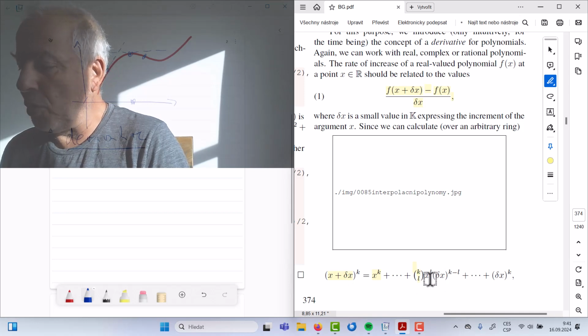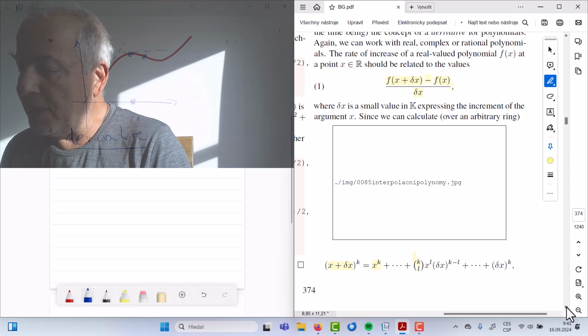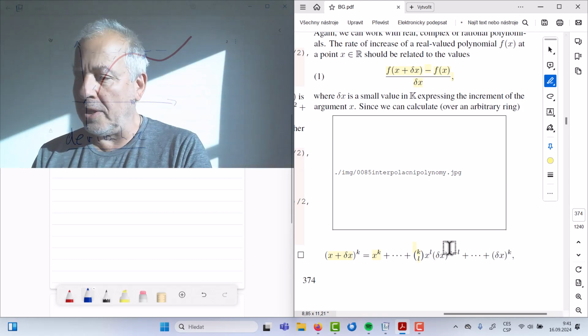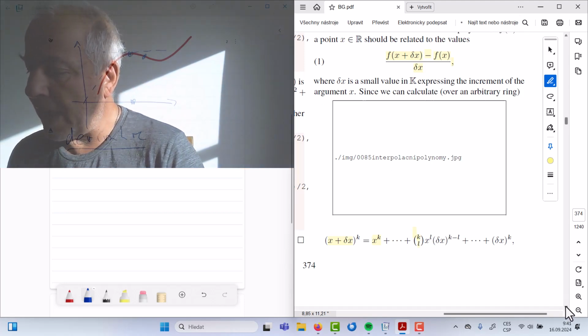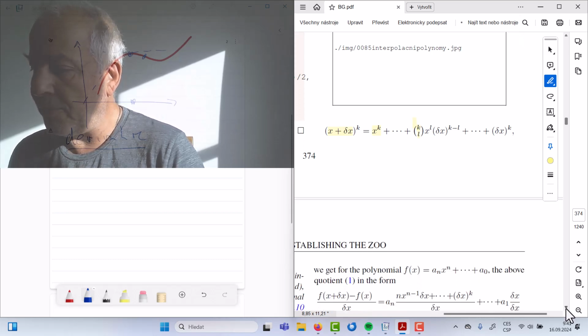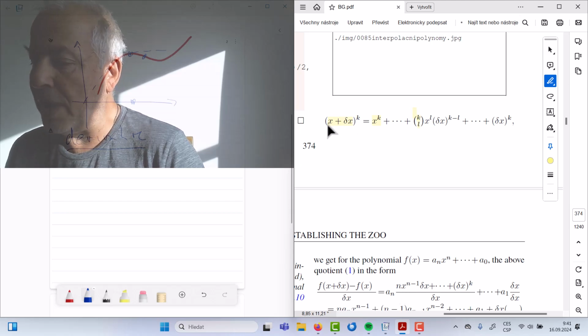So that will be always this way, right? But what you see is that if we make delta x small, then the higher the power, the smaller the delta x will be. So we can neglect actually all, if we subtract the value at x, so that will be the first one.